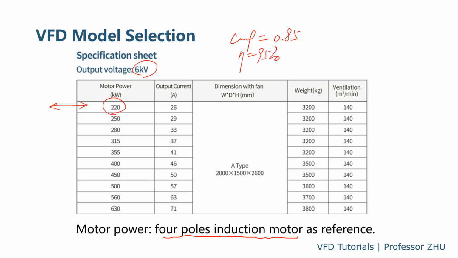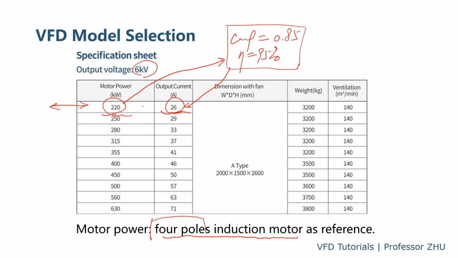We will use this as a reference, and then with the kilowatt and these two data, you can get a current of 26 amperes. Okay. So actually, the accurate method to size the drive is by current, not by kilowatt. Kilowatt is only for easy selection for the standard 4-pole motor with roughly this kind of efficiency and cosine phi.